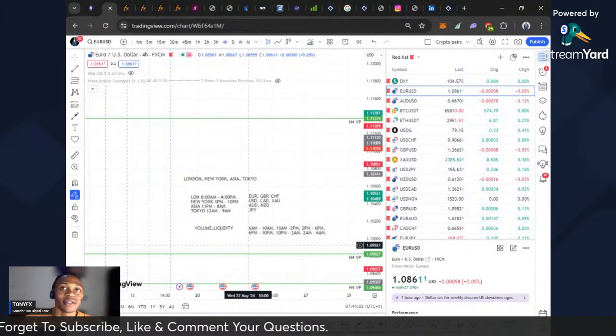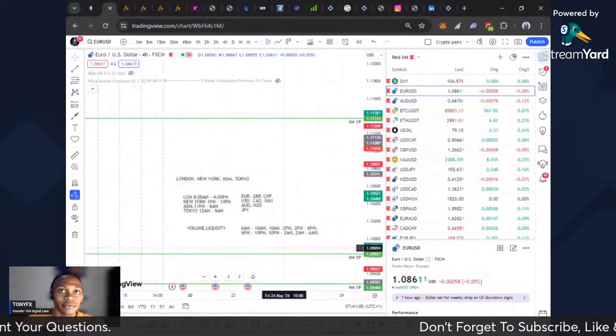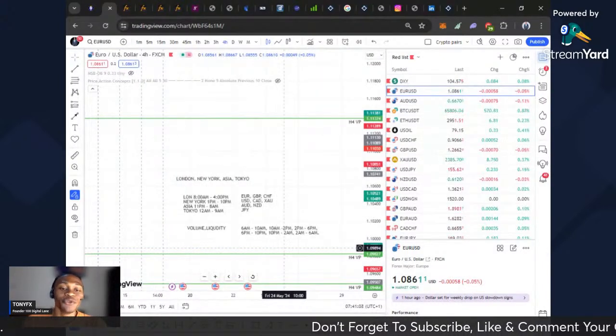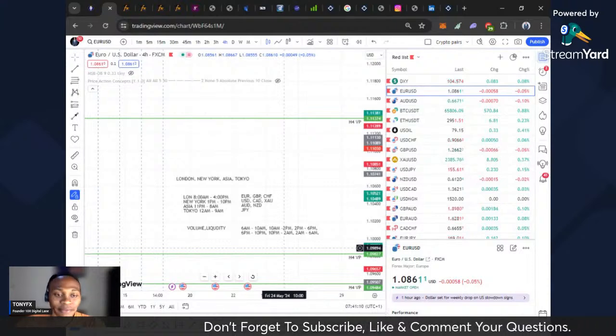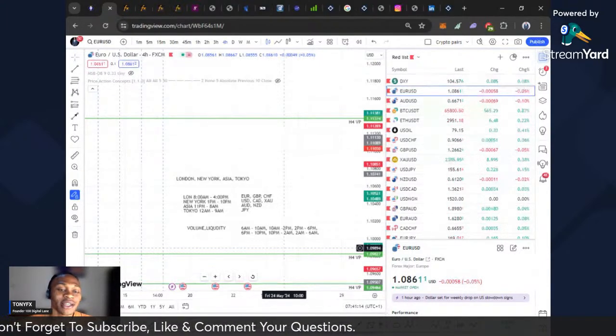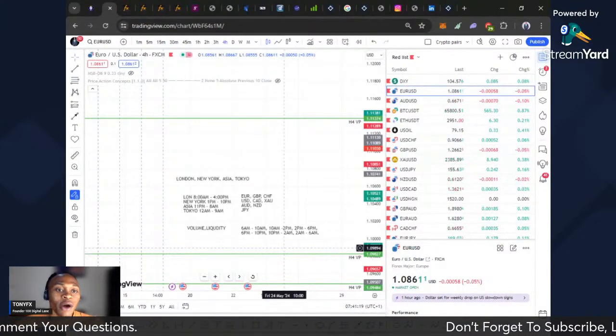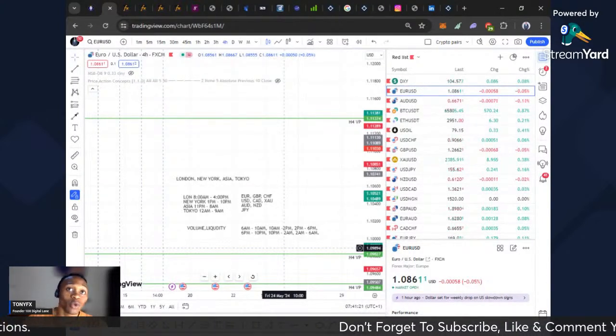So you as a trader, it all depends on what type of trader you are. If you're a swing trader, you're checking out the 1 hour, daily time frame, weekly time frame, then placing your trade on 4 hours. But if you're a day trader, what I just explained is for you.